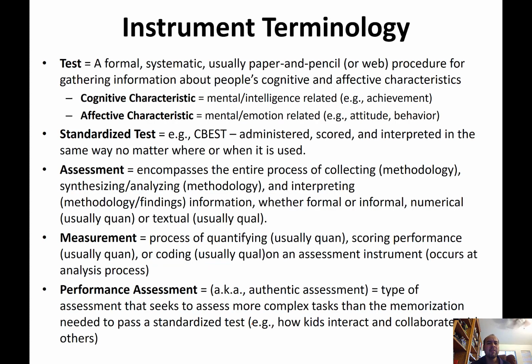Okay, the types of instruments, this is just terminology. You have this in your book as well. What a test is, a standardized test, everybody knows what that is. Everybody takes them to come to Fresno State, generally higher education. Assessments, what are assessments, measurements, and performance assessments.